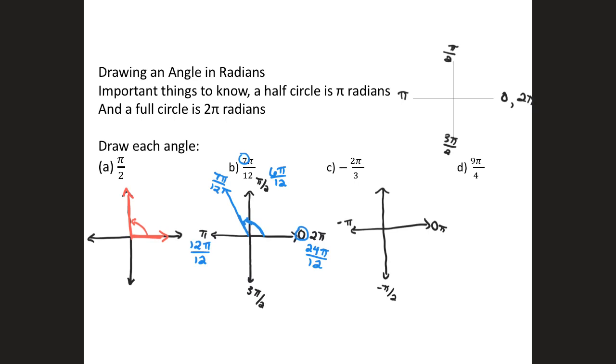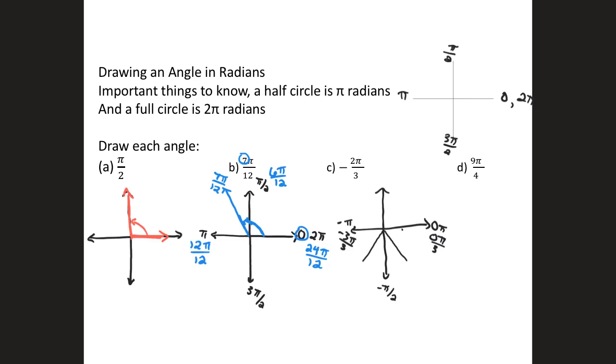Okay, so I need to do negative 2/3 pi. So this is 0 thirds, and pi would be negative 3/3, and I need to do 2/3. So if I think about this, I've got 1/3. If I split this up into 3 sections, there's 3 sections of pi.